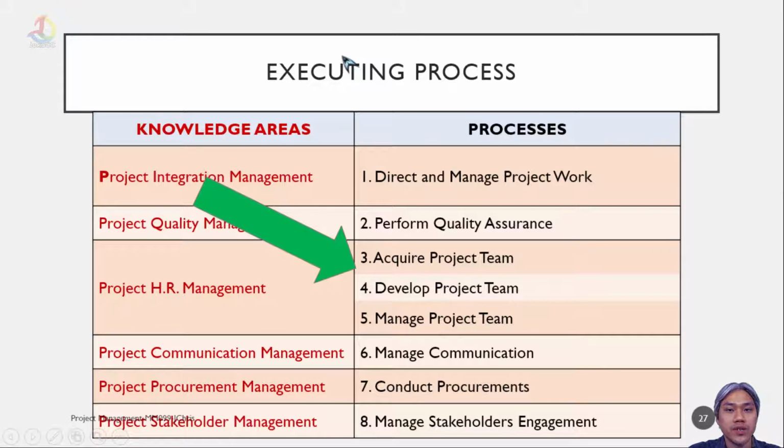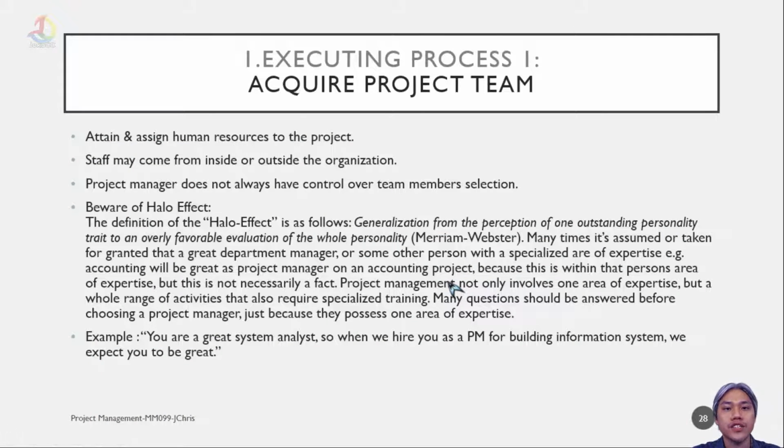There are 3 processes of the project HR management knowledge area within the executing process group, which are acquire project team, develop project team, and manage project team. First, acquire project team. It is to attain and assign human resources to the project. Staff may come from inside or outside of the organization, and the project manager does not always have control over the team member selection.